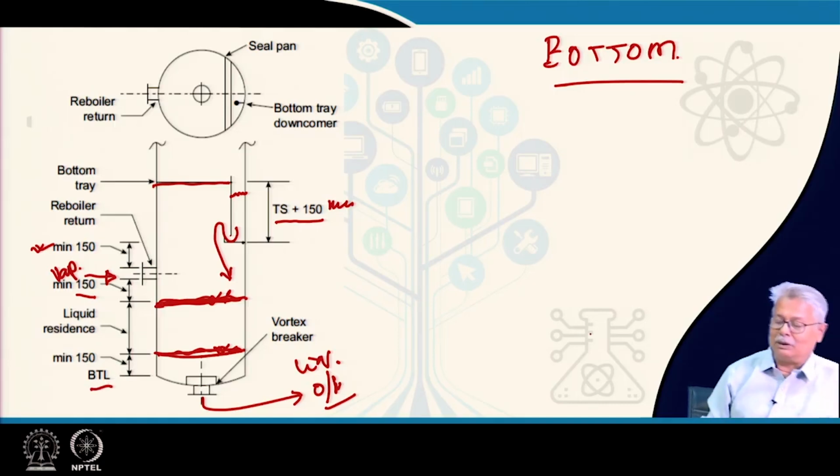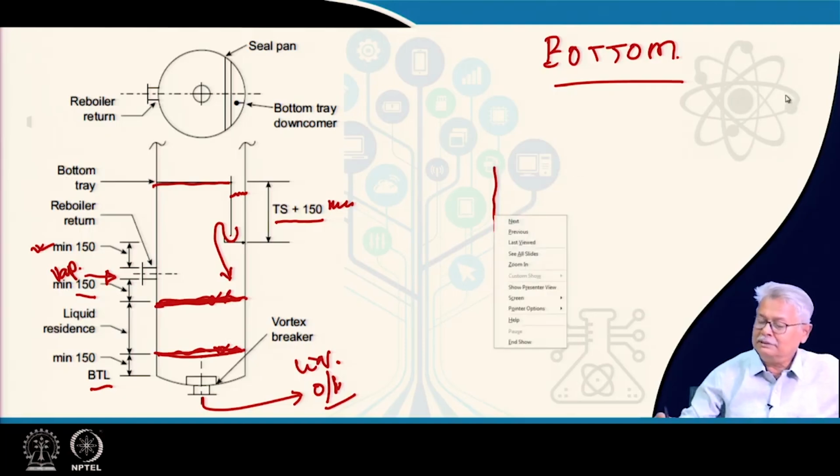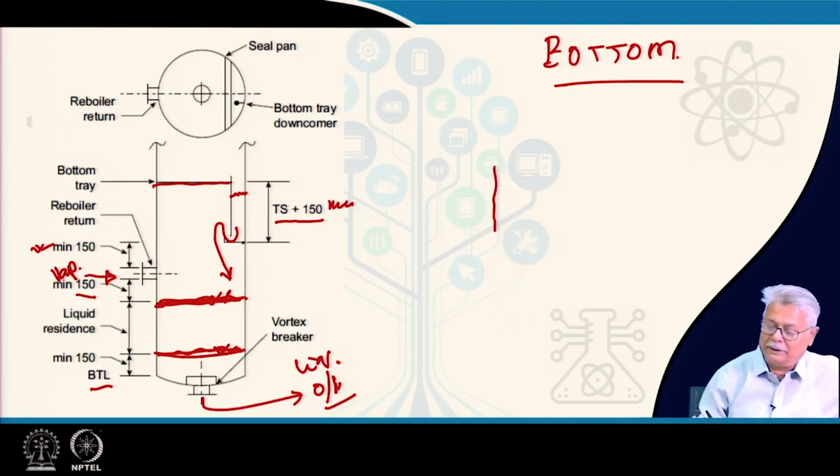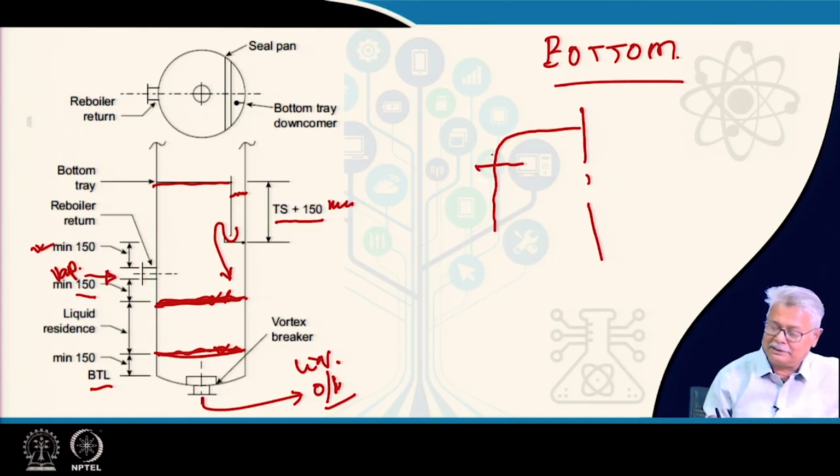Now, I will just add one particular term here, which is a tangent line. Whenever you have a head, I am drawing only half of it, which is attached to a shell, what you will find is that there is a horizontal part of your head.